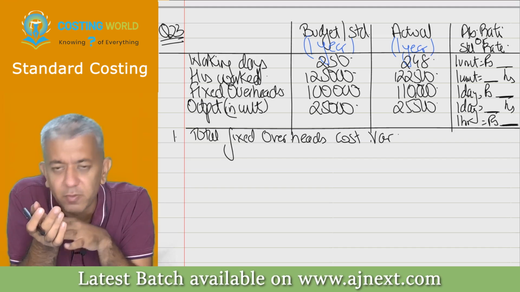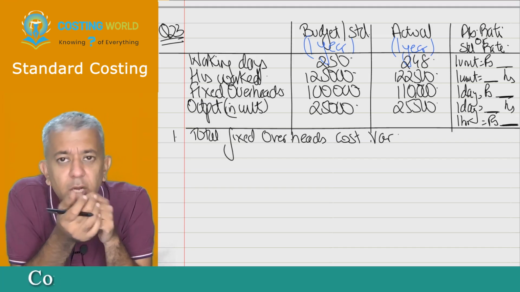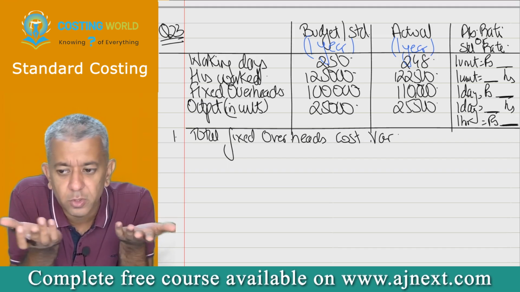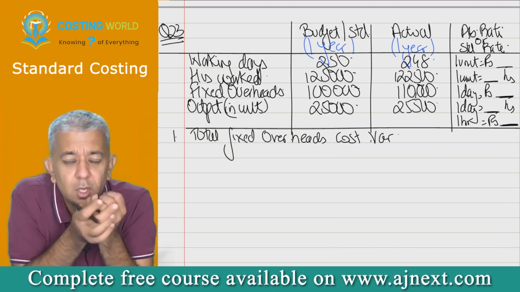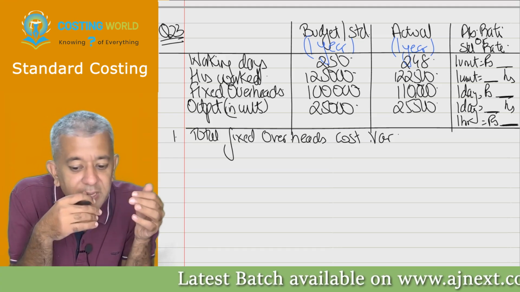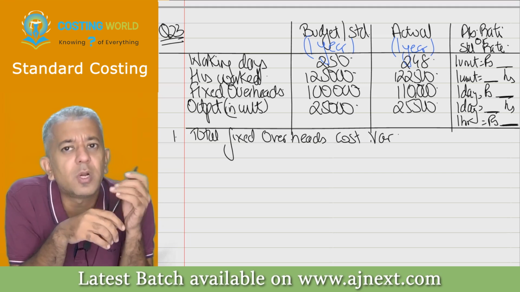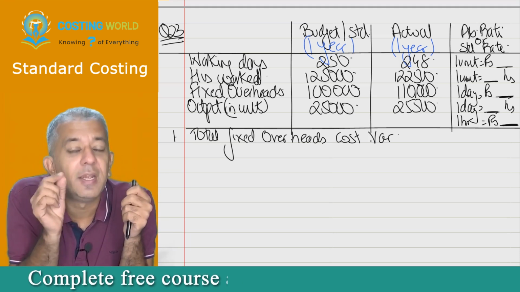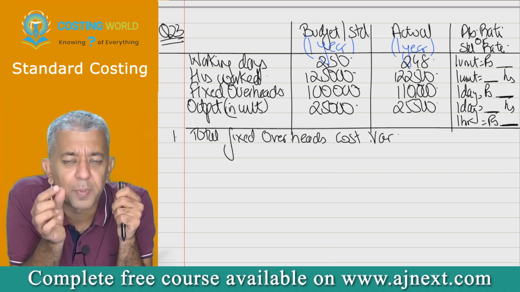Whenever you produce one unit, you don't charge depreciation. Whenever you produce one unit, you don't pay the salaries of your manager and so on. So fixed overheads are not dependent upon output. Then fixed overheads are dependent upon what? I think fixed overheads are only dependent upon period. If you think of rent, can you say rent is per month or per quarter or per annum?